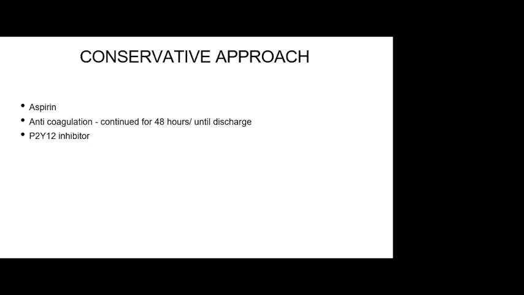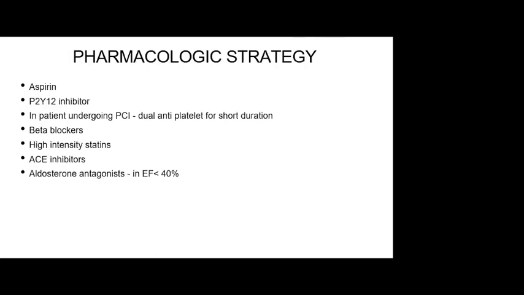Okay, and then again, long-term pharmacological management. Irrespective of invasive or non-invasive, they should be on dual antiplatelet for at least 1 year, and they should be on lipid lowering drugs, statin.